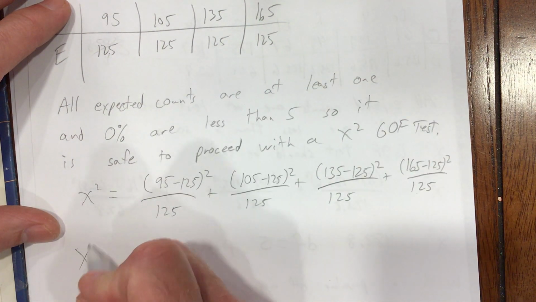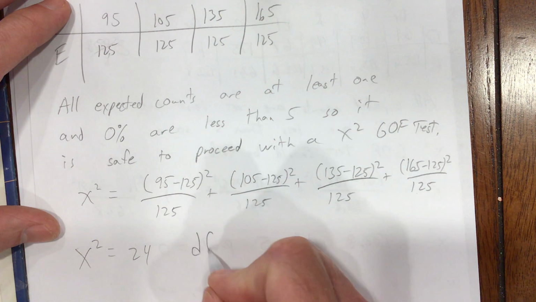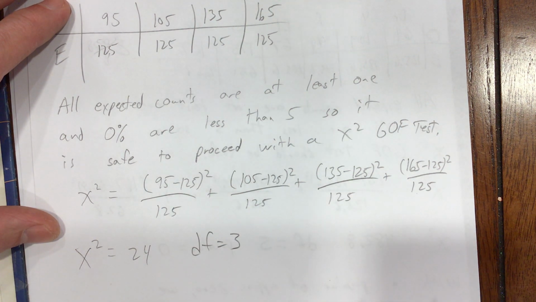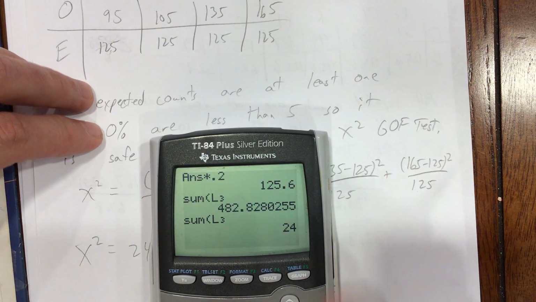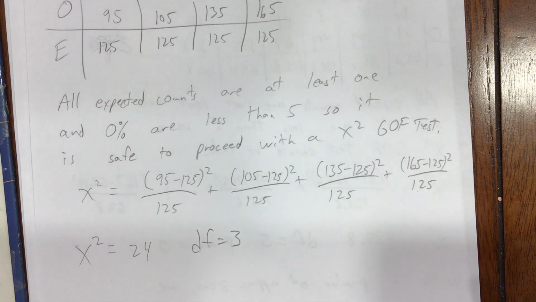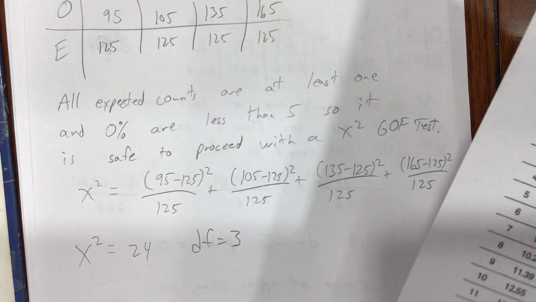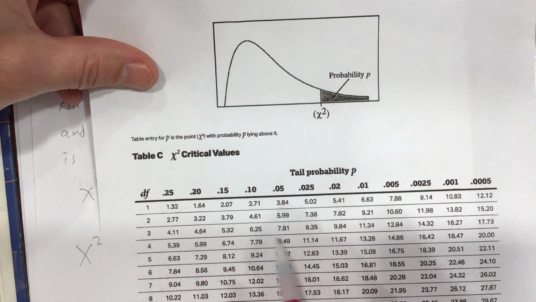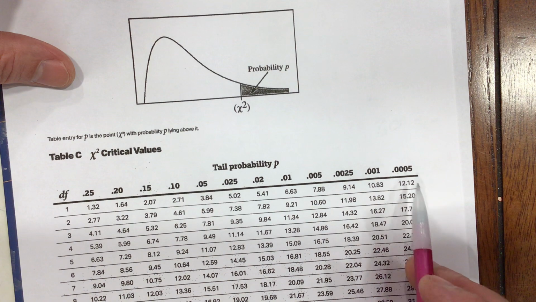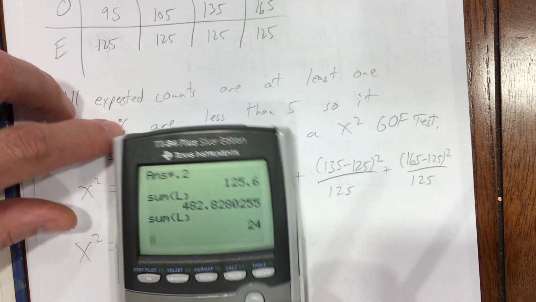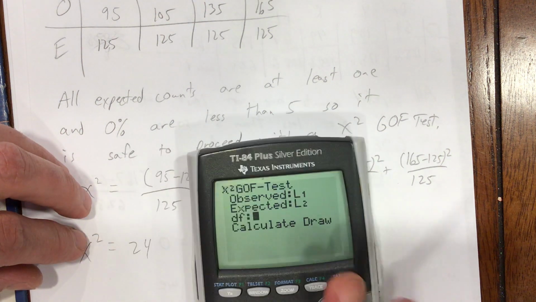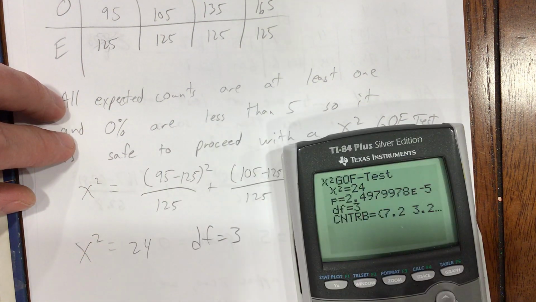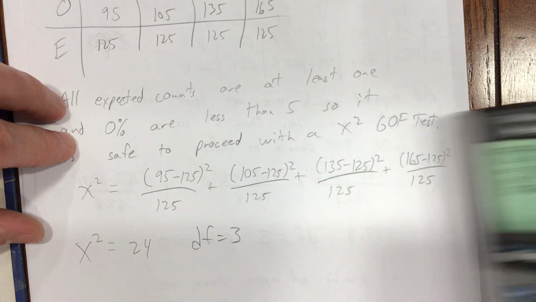And our degree of freedom is 3, right? Because we had 4 categories there. So let's get our p-value. By the way, let's look at the table again, because some of you don't have that GOF on your calculator. So degree of freedom of 3, 24. Again, we're off the table, so my p-value is less than 0.0005. Okay. To get the accurate one. And there we go, 2.5 times 10 to the negative 5th.